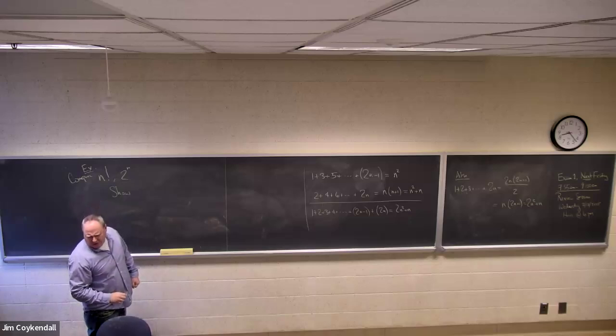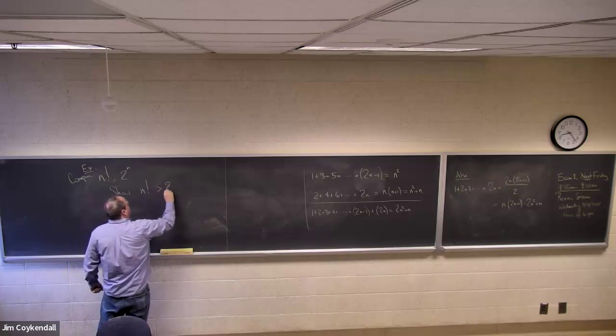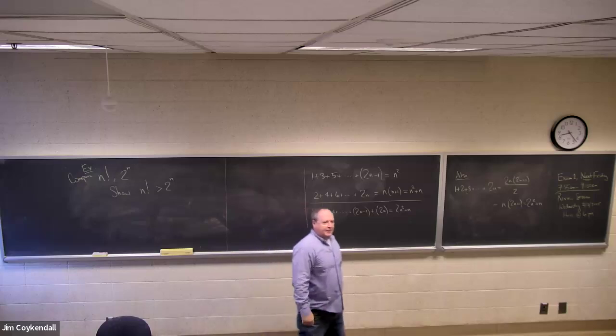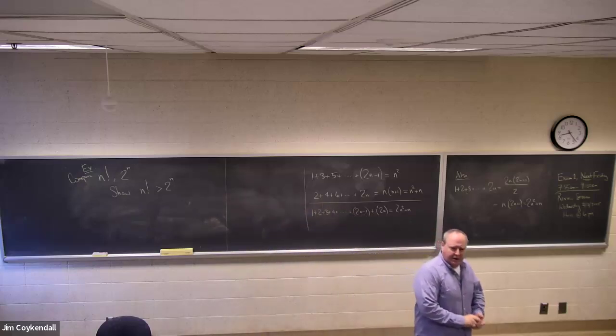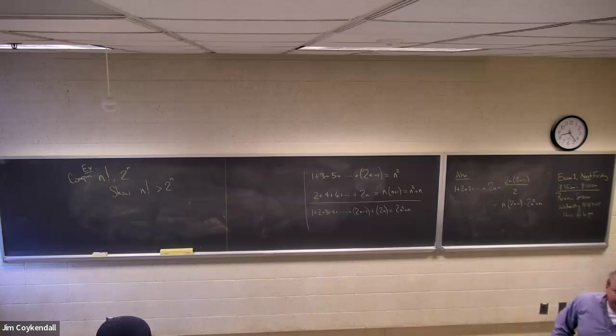n factorial is bigger than 2 to the n. But wait a minute, this isn't always true, is it? What's 1 factorial? And what's 2 to the 1? That doesn't work. What about 2 factorial?